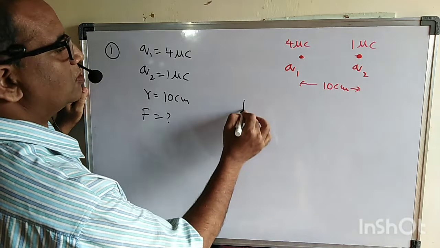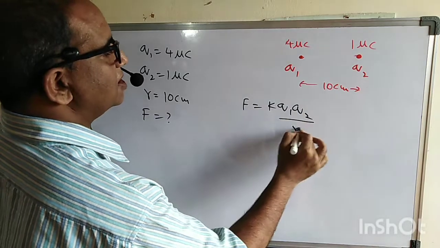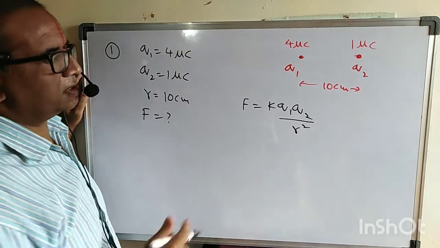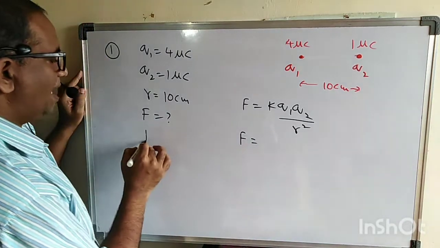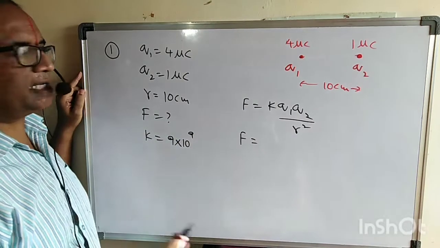We know that F equals K Q1 Q2 by R square. First I will start with the small problems, then we will go to the complicated problems. What is the K here? The K value is 9 into 10 to the power of 9, which we already discussed.